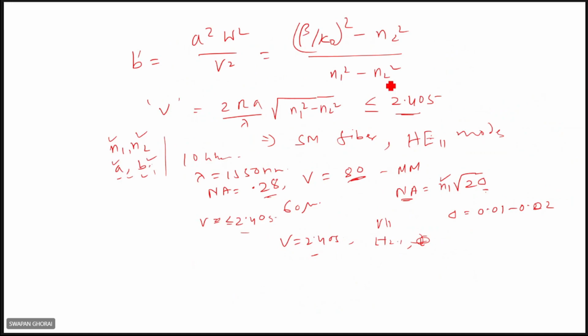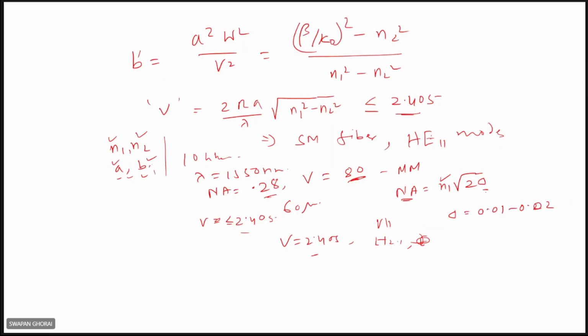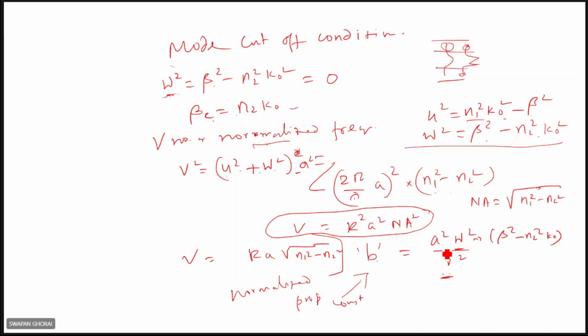If you put in W square, beta square minus n2 square k0 square, and divide the whole thing by k0 square, then B is a square W square by V square, right?